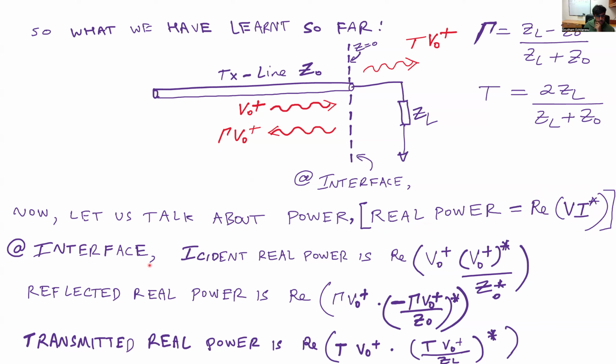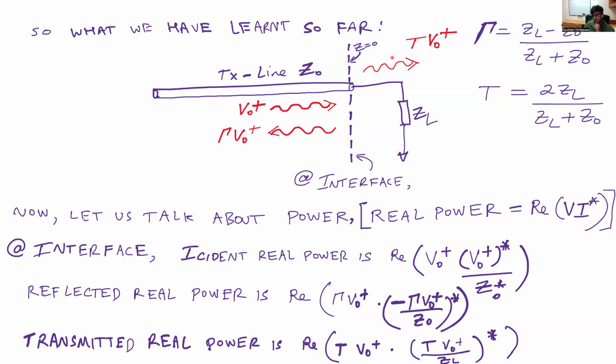Now we are going to consider how the power is going to divide at the interface. So at the interface, the incident real power is just going to be, using this expression, the real part of the incident wave. Remember, the phase factors here, e to the gamma z and e to the minus gamma z, are going to go away because we are assuming that at the interface z equals 0.